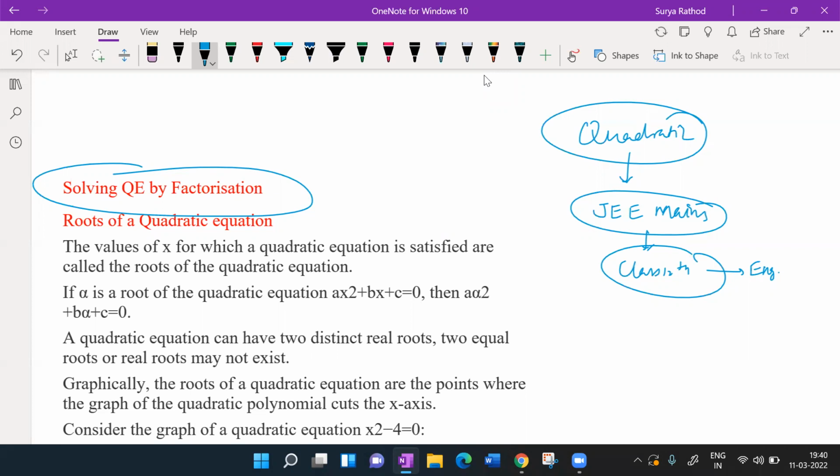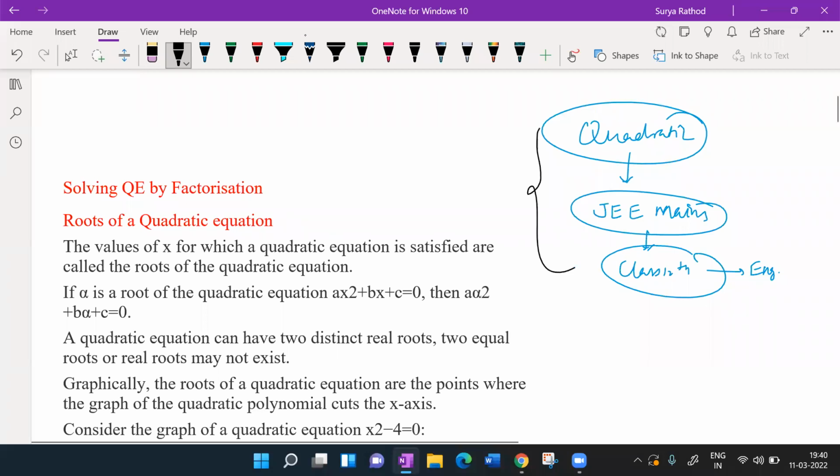NIT is nothing but National Institute of Technology. There are several NITs across all states in India. If you get into that, your life will be very good. So for doing that, we have to write JEE Mains, and for that you have to prepare very well.